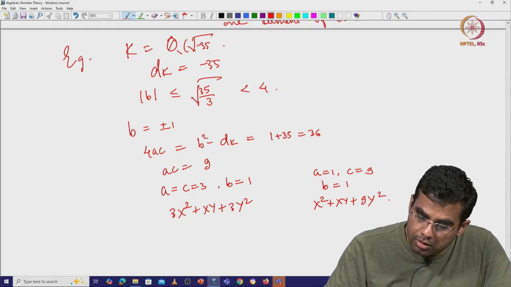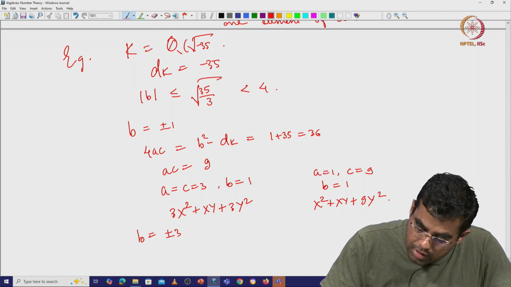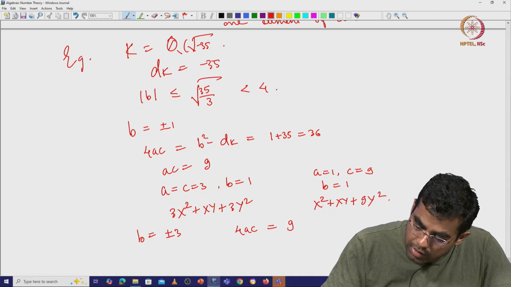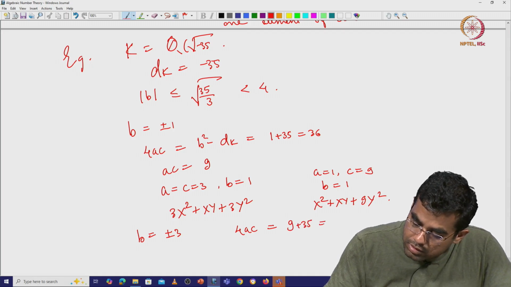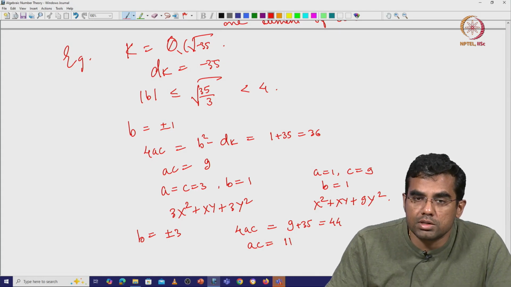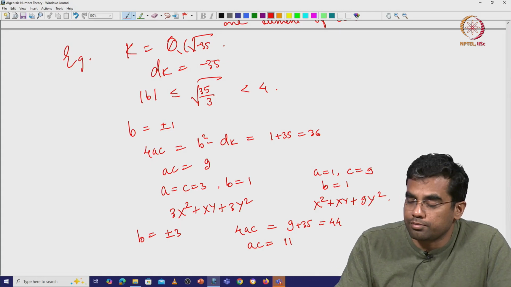Of course we have to try b equal to plus minus 3, but in this case 4 times ac is 9 plus 35, which is 44, and then ac has to be 11, which means that a has to be 1, but 1 is less than the absolute value of plus or minus 3.